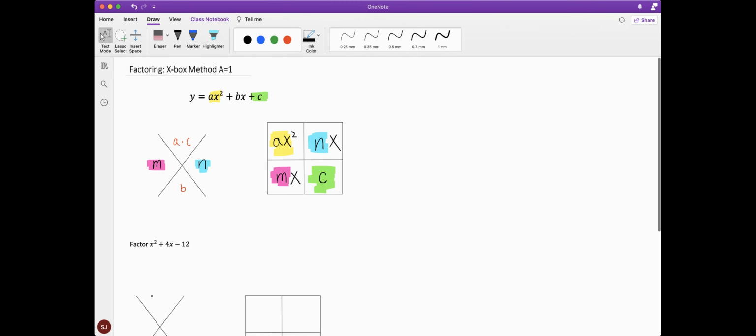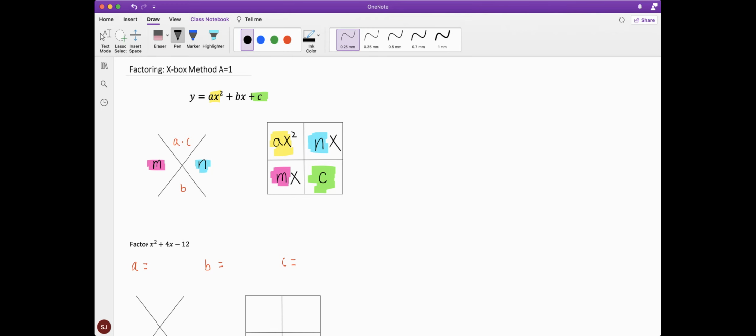All right, so this is our polynomial here that we're going to factor, x squared plus 4x minus 12. So compare this with this polynomial here. First step is to identify what is your a, b, and c. As you know, a is the number in front of your x squared, your very first term.